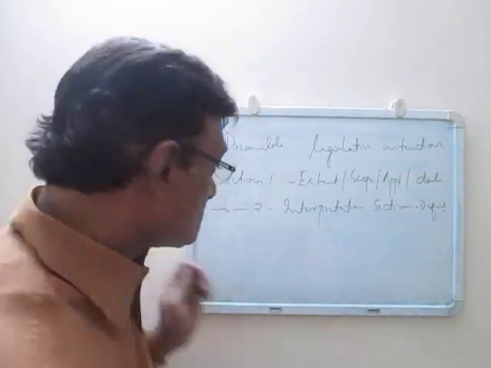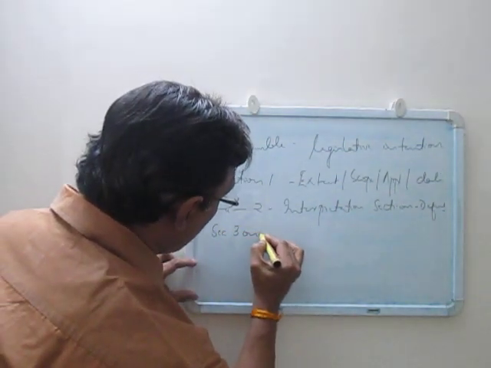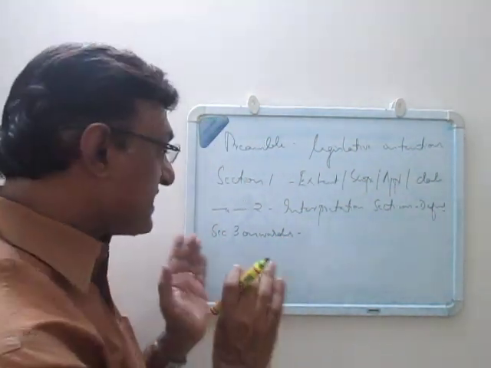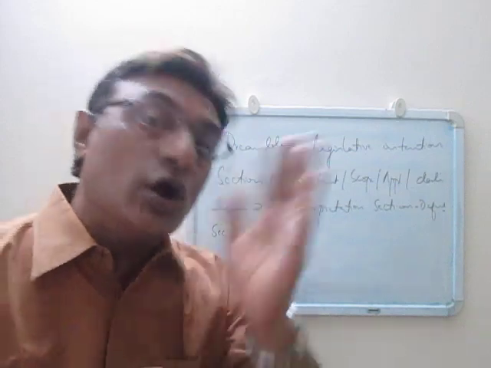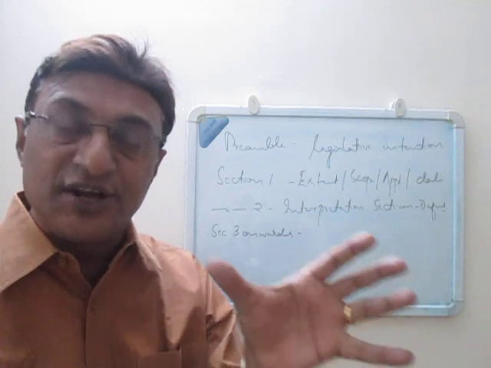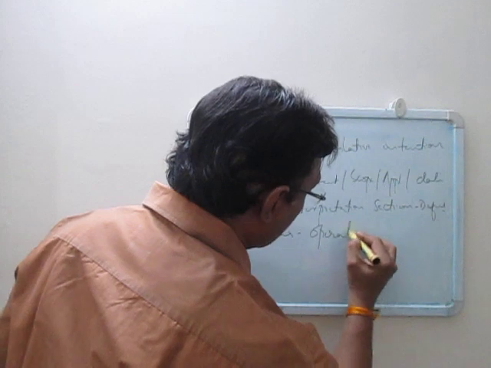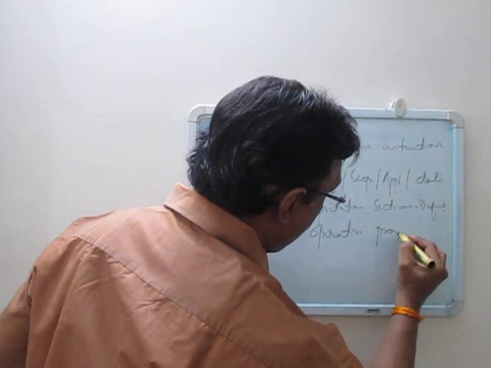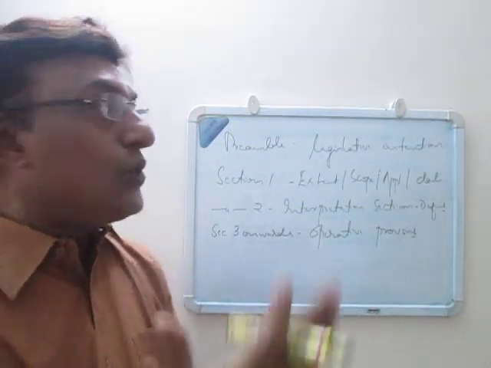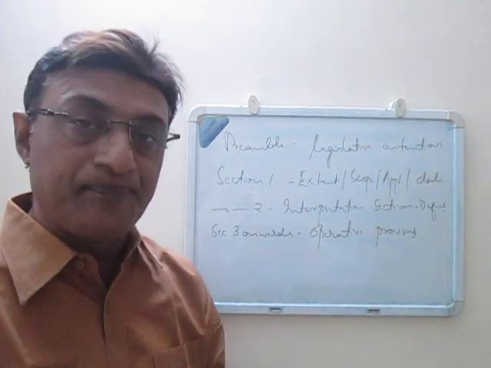The next part, which is the most important, the crunch part, is section 3 onwards. I'm not saying section 3 as such, it is section 3 onwards until the end of the act. This chunk, the trunk of the act, lays down what we call the operative provisions. You have an objective laid down in the preamble. How do you propose to achieve this?